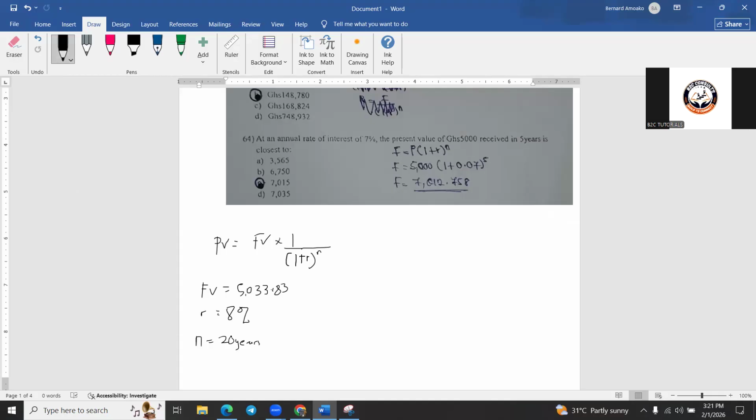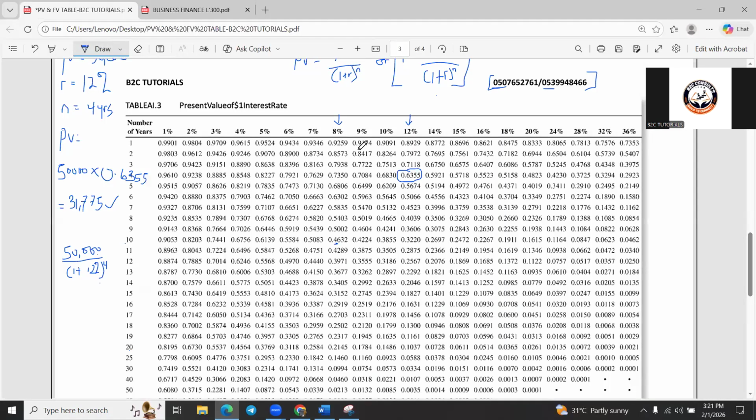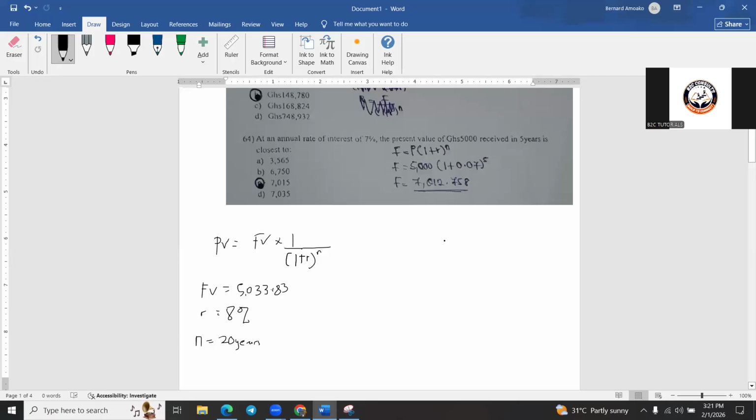So 20 years. Now, quickly, I know on my table 8% and 20 years. This is 20 years, right? Another 8%, and the figure is 0.2145. So my discount factor, which is the DF, is 0.245.